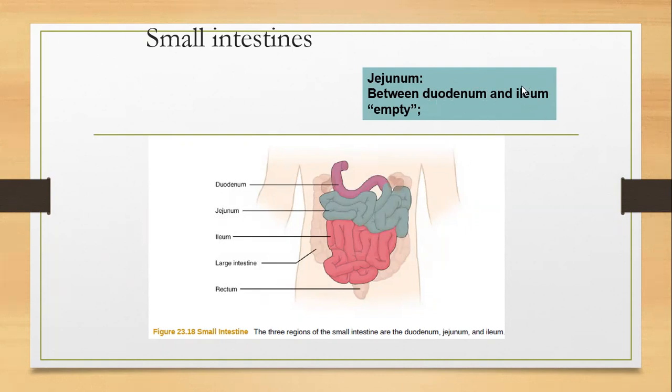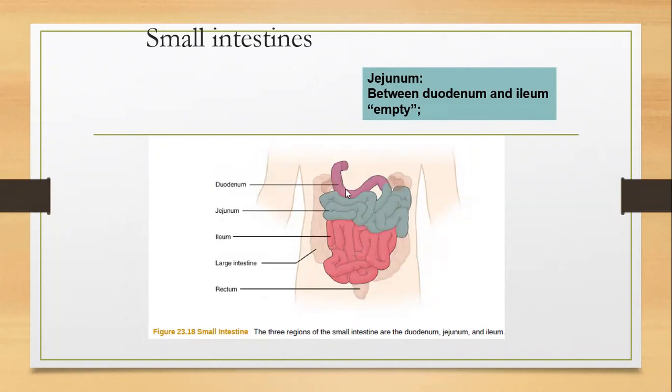Now, as you go to the ileum, we are going to find that within the submucosa, we also have another structure that is only common to the ileum, and those are known as the Peyer's patches. So, the Peyer's patches are found within the submucosa of the ileum.